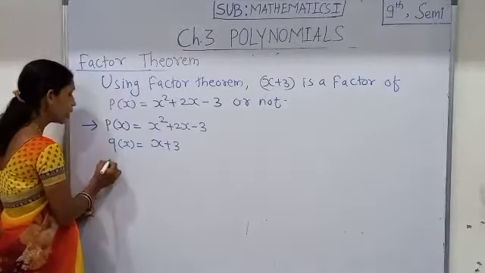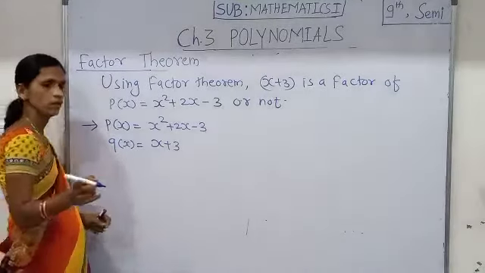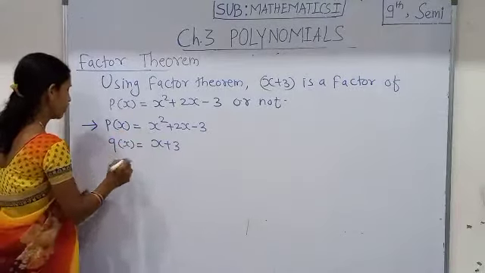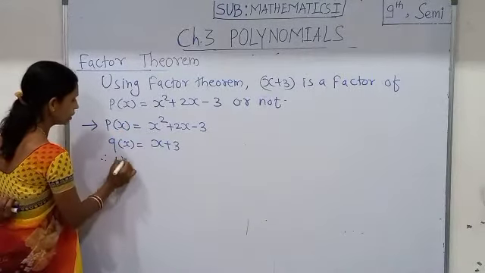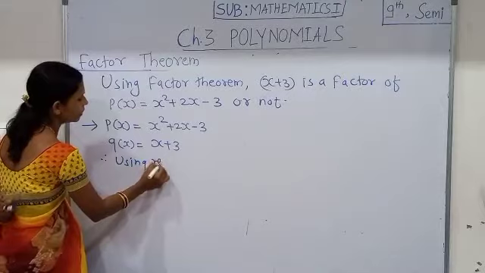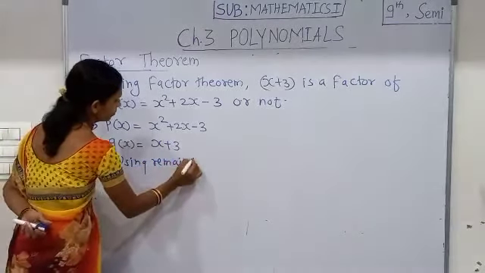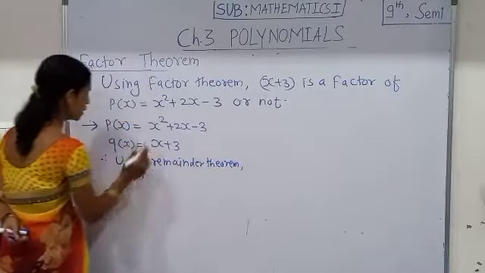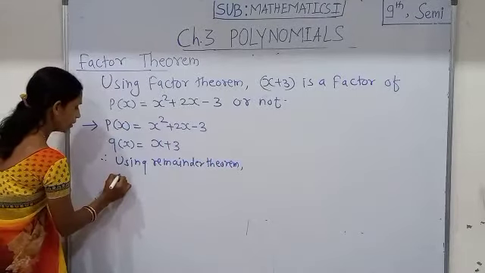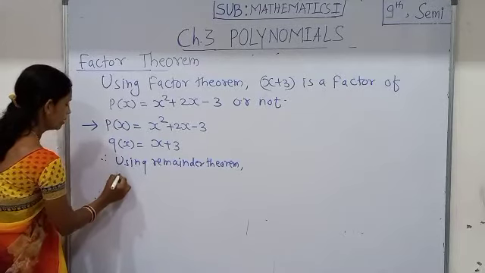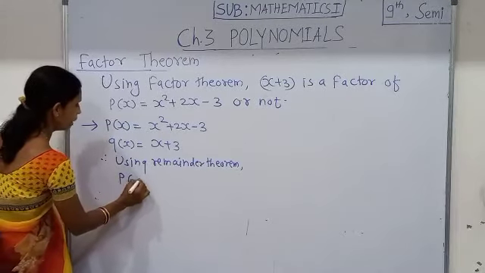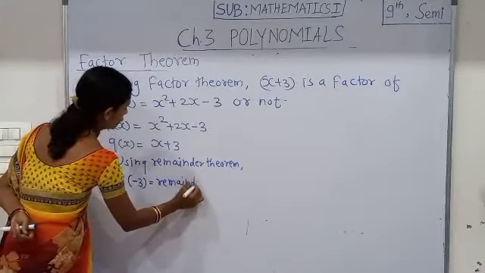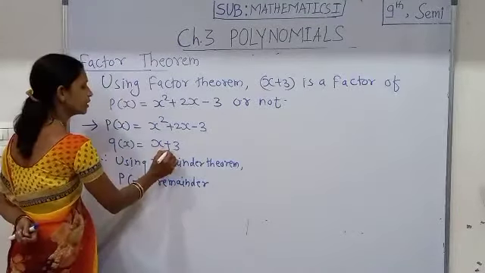Using the factor theorem, we have to determine whether x plus 3 is a factor of this polynomial or not. Therefore, we have to find the remainder. Using the remainder theorem, we can get the remainder of this polynomial: p(minus 3) is the remainder, because here x plus 3 is there.